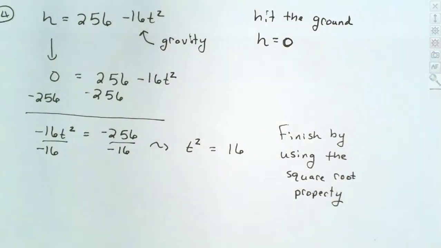Now, when we solve this out, you're going to get two solutions because of plus or minus. And can we have a negative time? No. So only use the positive answer there, not the negative one.